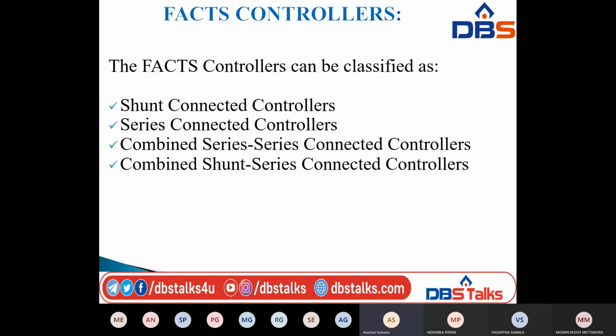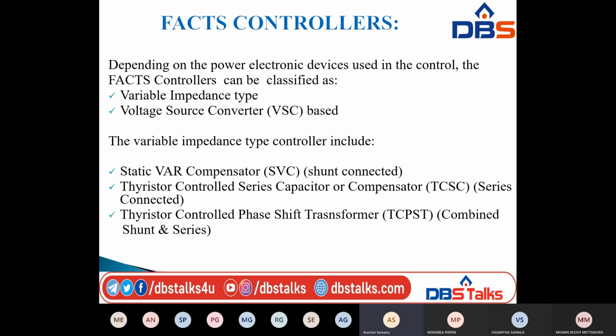Next, depending on the power electronic devices used in the control. The power electronic devices used in the system are thyristor controlled devices, GTOs, IGBTs, IGCTs. These are all power electronic devices.